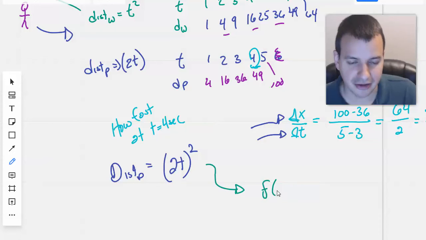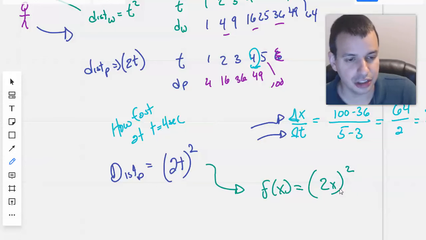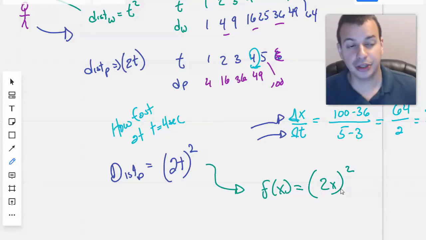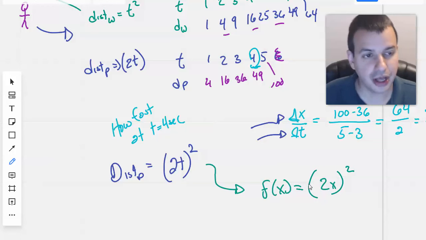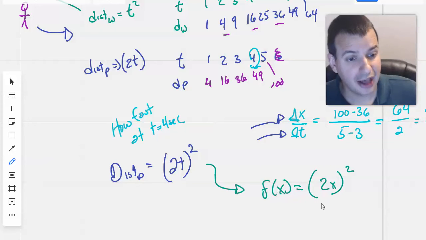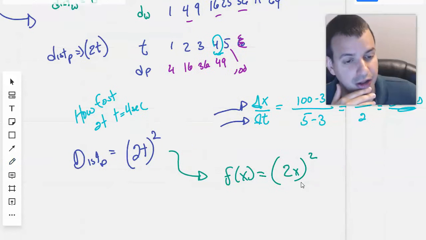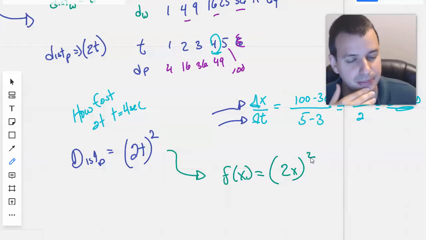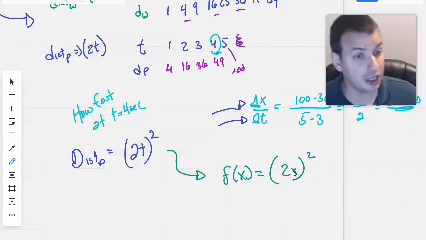So I'd say f of x equals 2x quantity squared. So this, for us, we really don't know how to evaluate with the tools that we have, because we have a function, 2x, inside another function, exponential 2. So this is a power function, but this is also the constant.